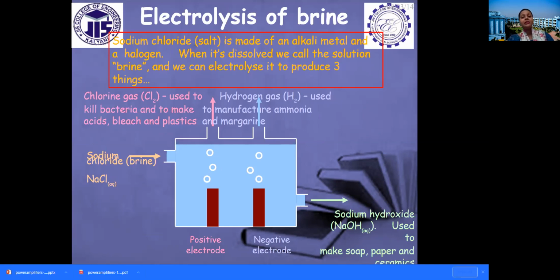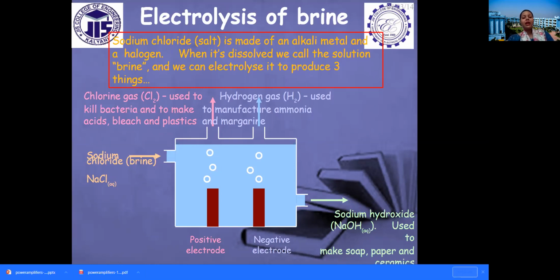So brine itself is a solution of sodium chloride and halogen. Now if this brine undergoes the electrolysis process, we can have three different specific applications.